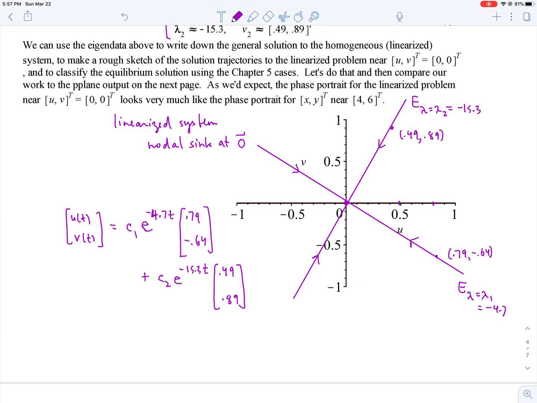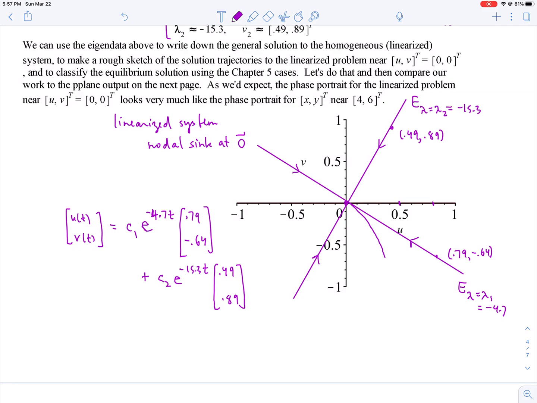If c1 and c2 are both non-zero, then the e to the minus 15.3 t decay term decays much faster than the e to the minus 4.7 t term. So I will come in tangent as t goes to infinity. I'll converge to the origin tangent to the lambda 1 eigenspace.